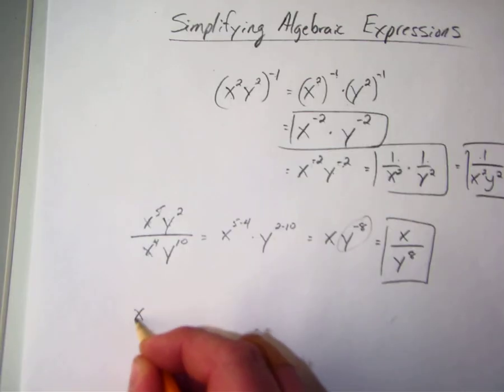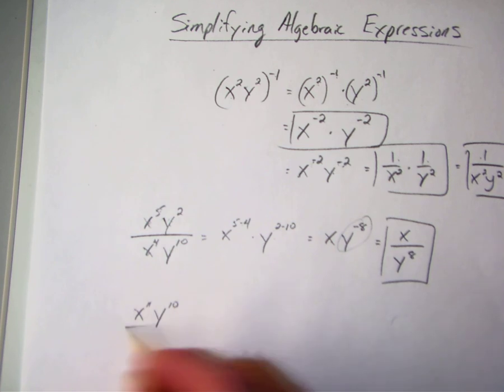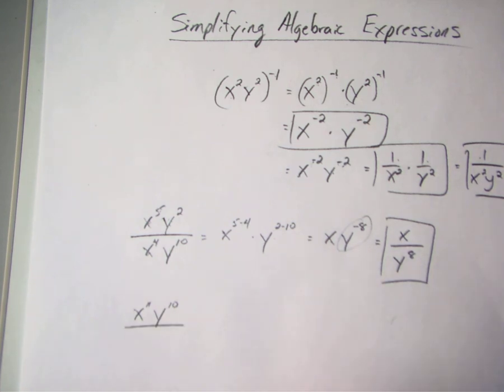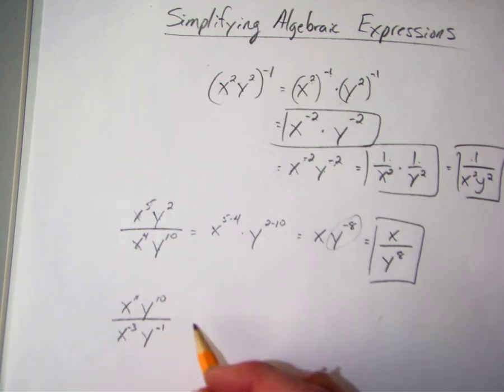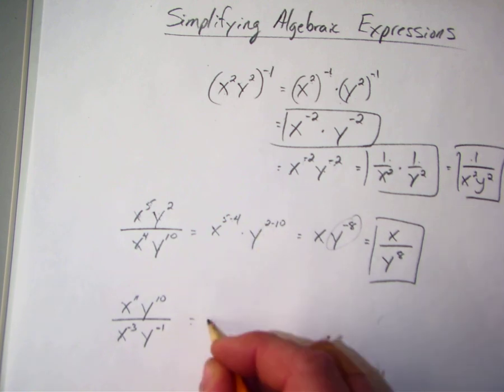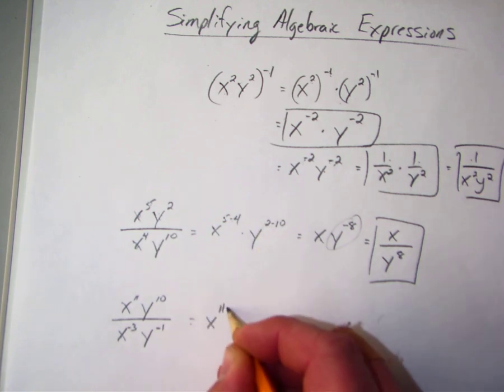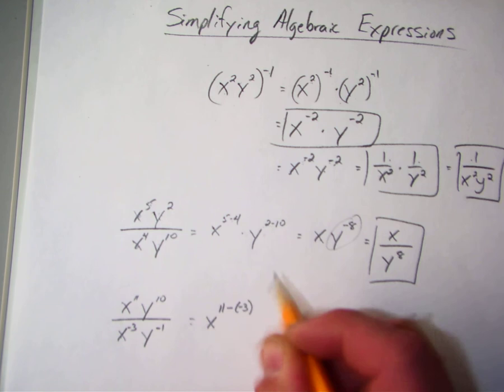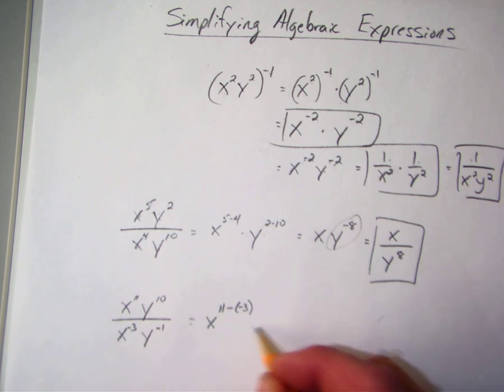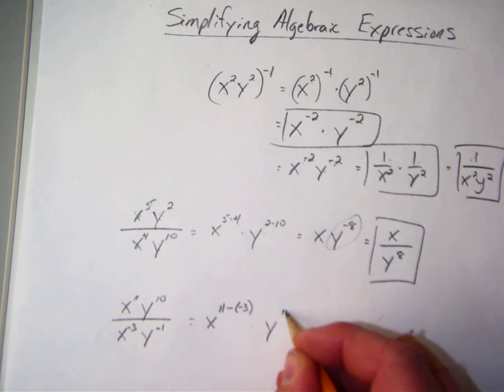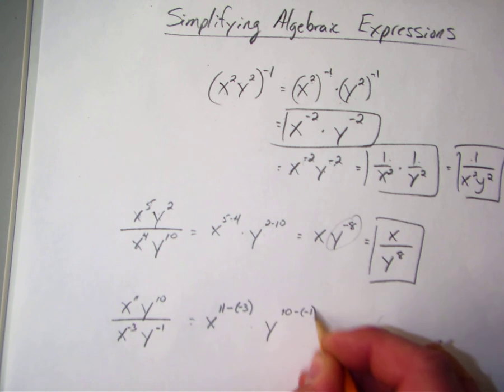Okay, we have x to the 11th, y to the 10th, over x to the negative 3, y to the negative 1. Very similar to the previous problem, so we can go ahead and do x 11 minus a negative 3, times y to the 10th minus a negative 1.